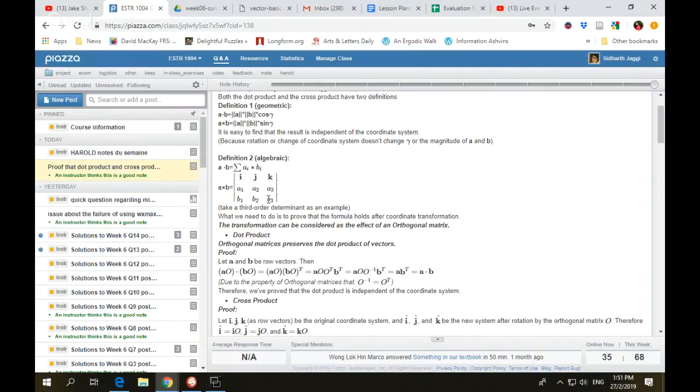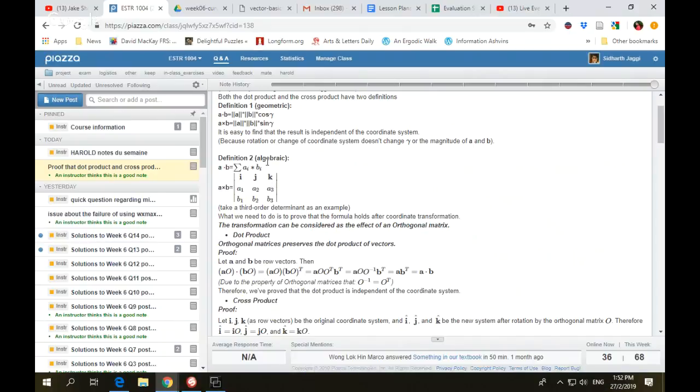Because if it's a vector, you should really write i as 1, 0, 0. You should write j as 0, 1, 0, and so on, right? So what does this even mean? And really, the way to understand this determinant is that it is just notation, okay? It is a shorthand way of writing the formal definition, which is A cross B is the vector given by the i component A2 B3 minus A3 B2, and the j component A3 B1 minus A1 B3, and the k component is whatever, right?